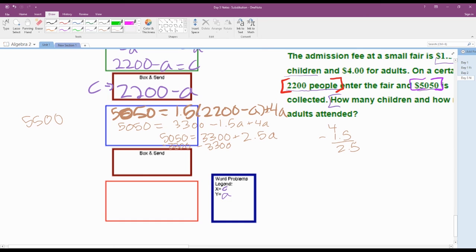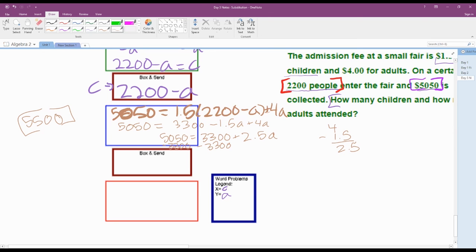And I couldn't figure out what I did wrong, but now I realize I rewrote the problem wrong. So that's something that's really easy to do. I knew how this problem was going to go, and I still made that mistake. So if you are rewriting things in other places, just make sure that you write the right numbers. And when you go back and check, make sure you wrote down the right numbers.